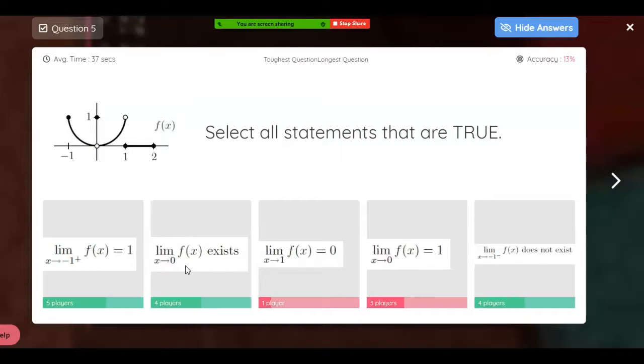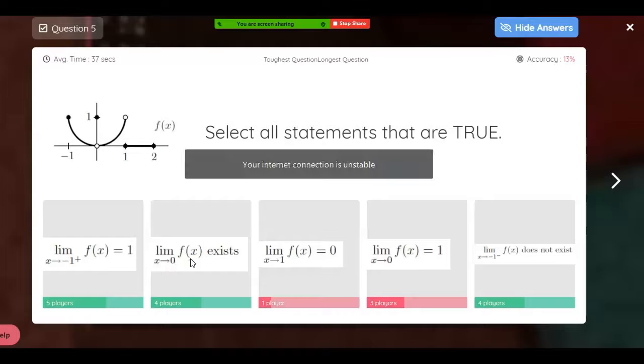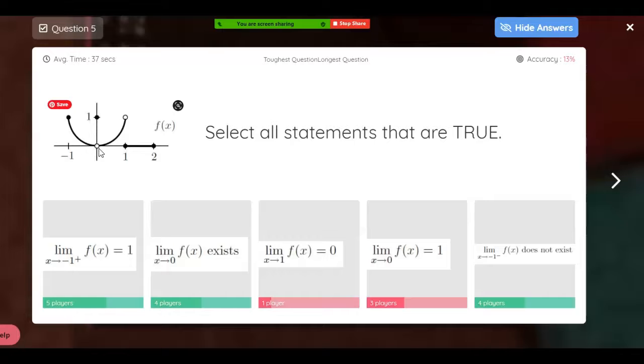Got it. The second statement, the limit as x approaches 0 of f of x exists. Here is 0. The limit from the left equals the limit from the right. Therefore, the limit exists. It's not continuous, but the limit exists.